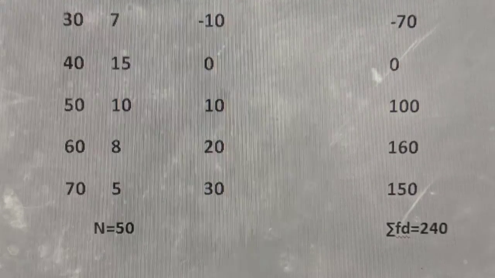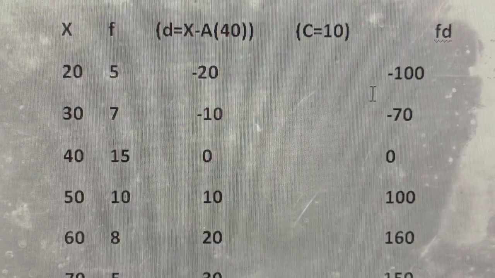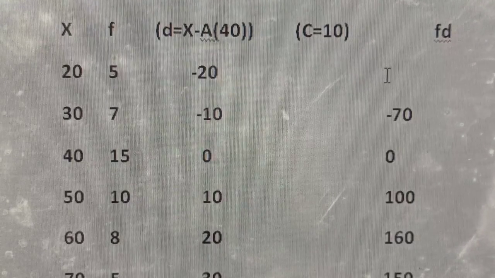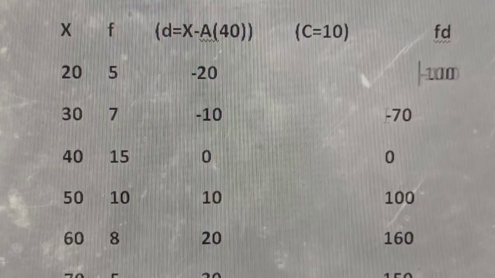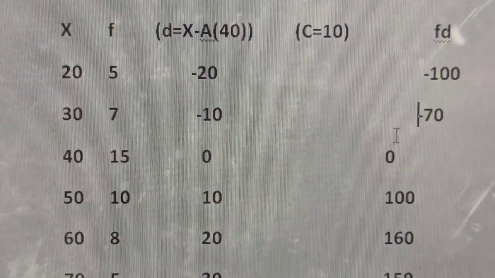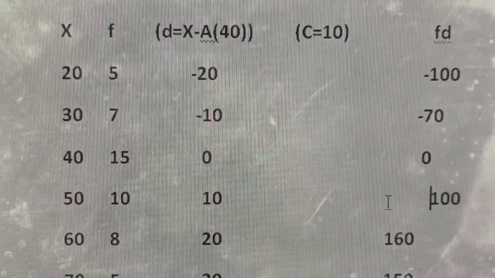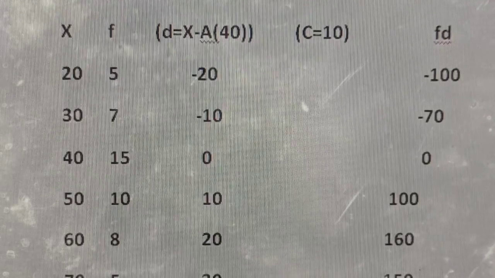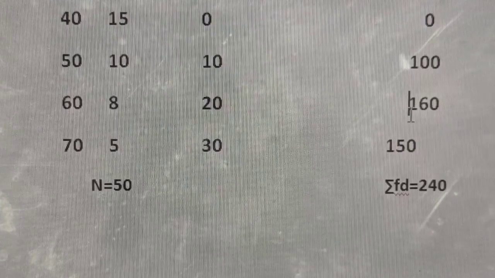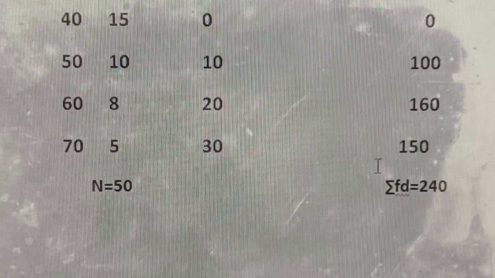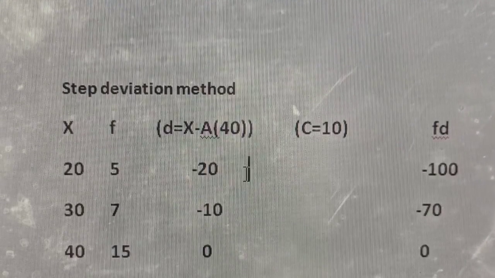The common factor here is 10. So the common factor we get here is 10.